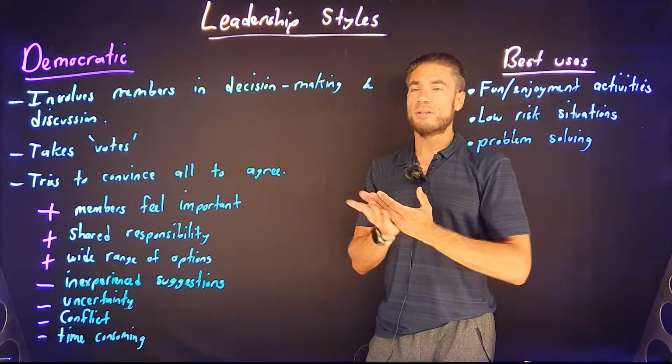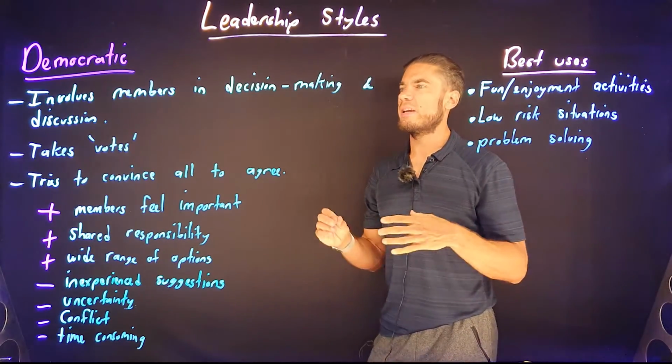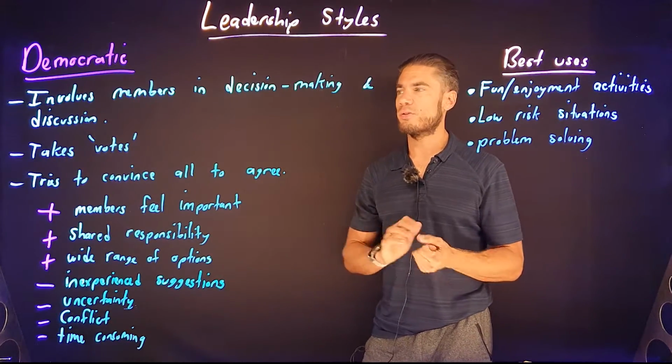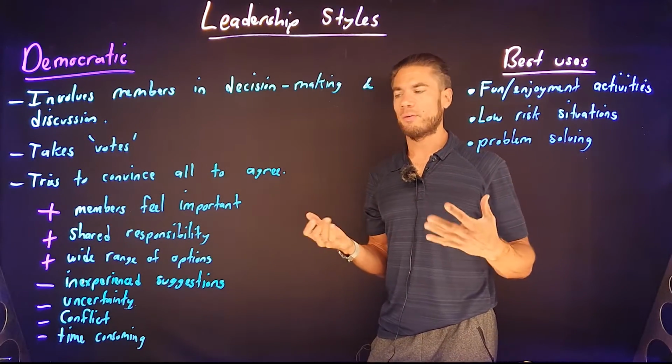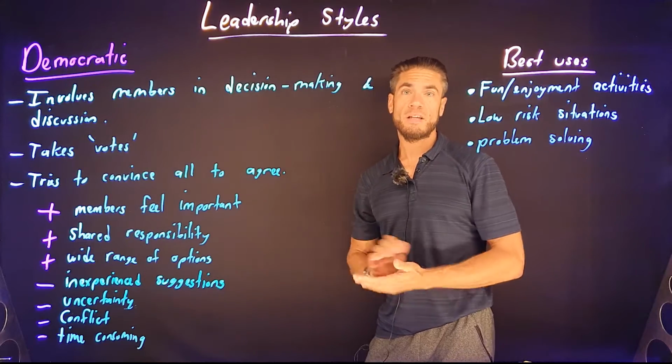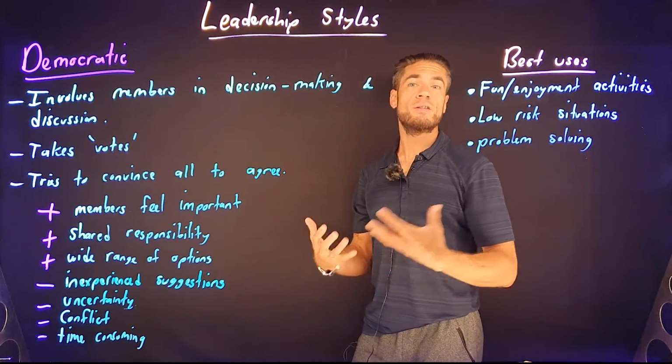Alright, so our first leadership style we're going through in this video is the democratic leadership style. The democratic style is where members are involved in the decision-making process and discussion. The leader will generally take votes: here's what we can do, here are the options, does anyone else have any options? Let's all vote on what we think is the best option.